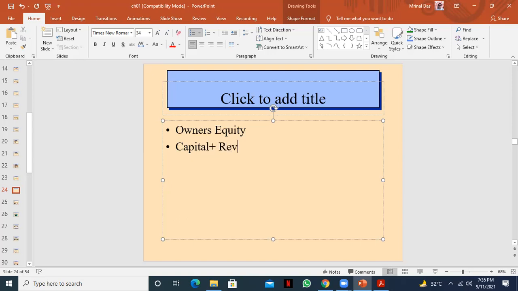Okay, so revenue, then minus the expense will be deducted, then minus drawings, right? Drawings. Okay, so instead of owner's equity we can write this: capital plus revenue minus expense minus drawings.